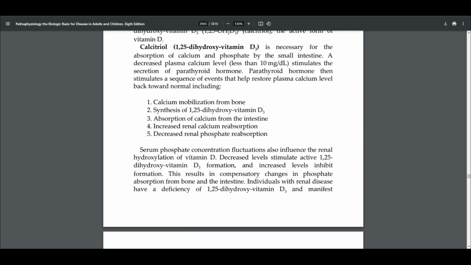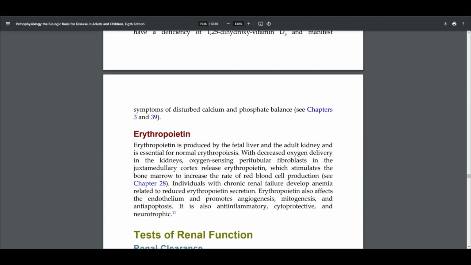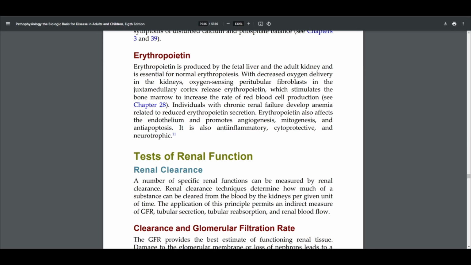Individuals with renal disease have a deficiency of 1,25-dihydroxyvitamin D3 and manifest symptoms of disturbed calcium and phosphate balance. Erythropoietin is produced by the fetal liver and the adult kidney and is essential for normal erythropoiesis. With decreased oxygen delivery in the kidneys, oxygen-sensing peritubular fibroblasts in the juxtamedullary cortex release erythropoietin, which stimulates the bone marrow to increase the rate of red blood cell production.